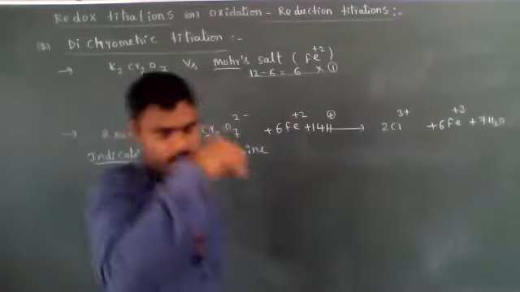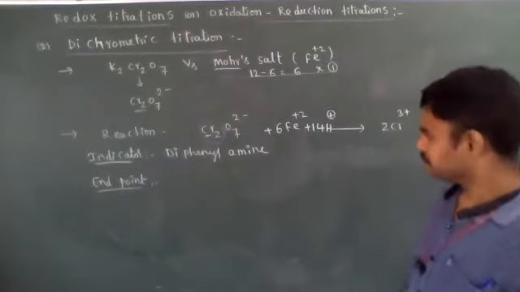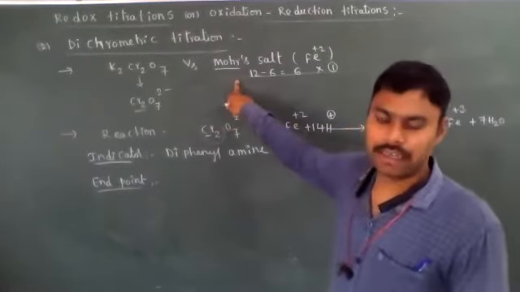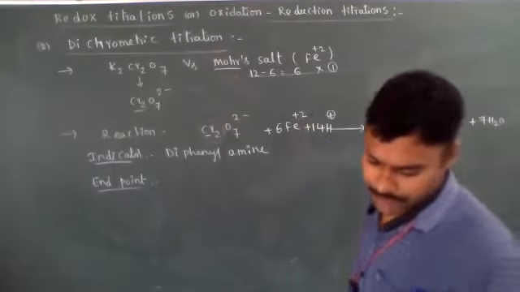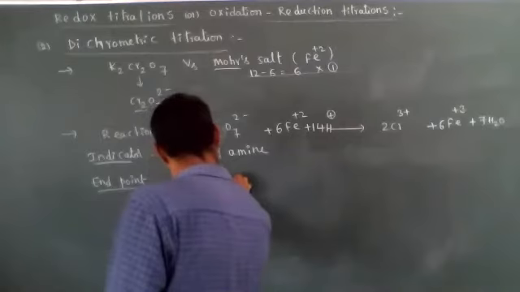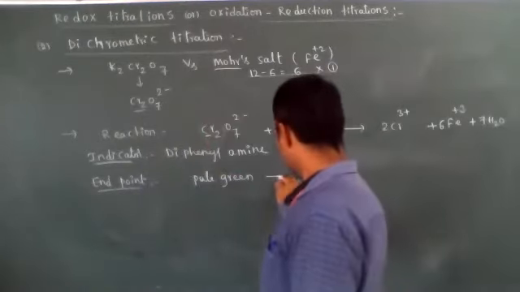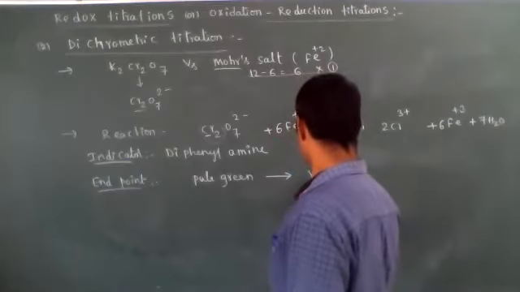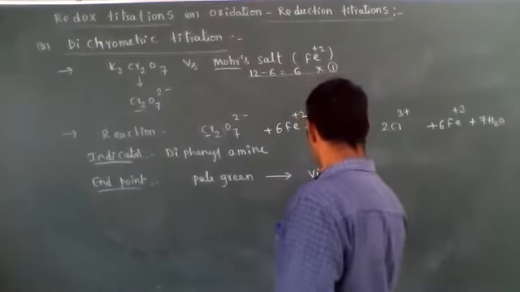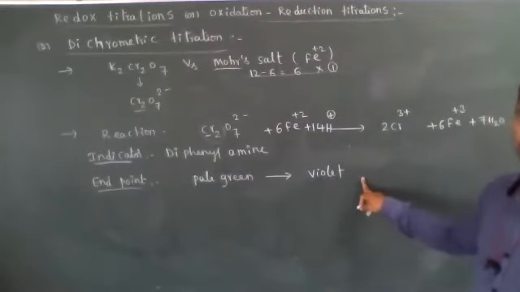How to identify the endpoint? After addition of diphenylamine, the Mohr's salt is converted into pale green color. This pale green color changes to violet color, or bluish violet color.